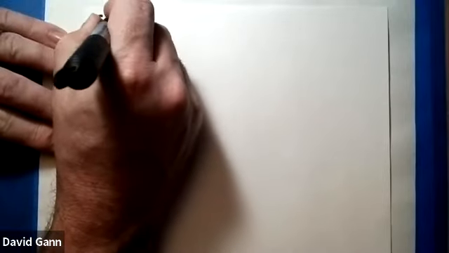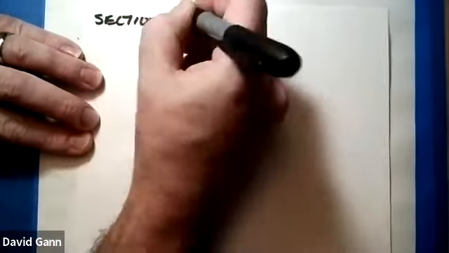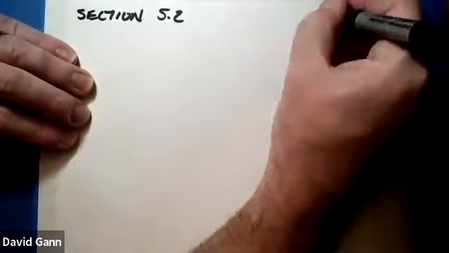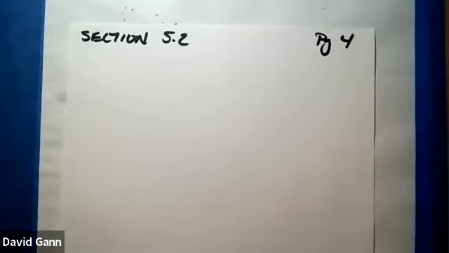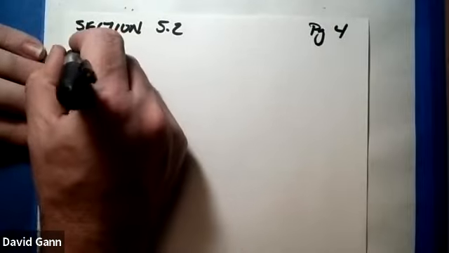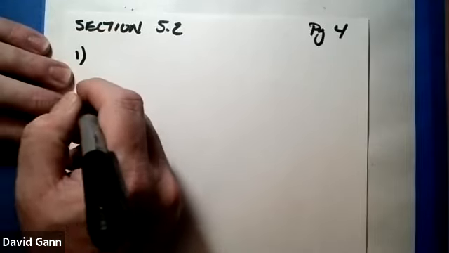So here we are in section 5.2. I believe we're now on page 4 of the running total. Okay, so here's an example of the kind of problem you might see. I'll just start with example 1 here.